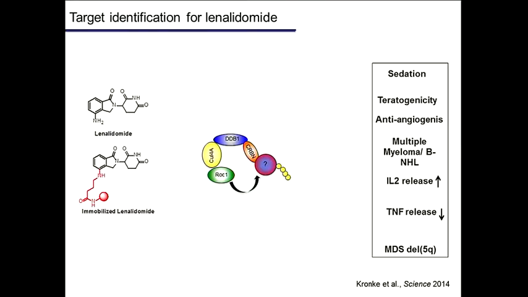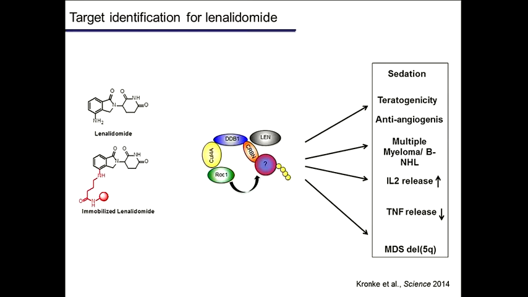These drugs induce the release of IL-2 while inhibiting the release of TNF-alpha. These effects are why the drugs are called immunomodulatory agents, and are very, very powerful effects in vitro. And then the activity in del(5q) MDS that we were originally interested in. So could lenalidomide lead to all of these different effects by modulating one ubiquitin ligase?